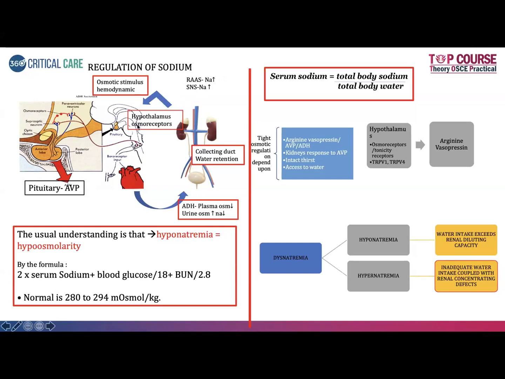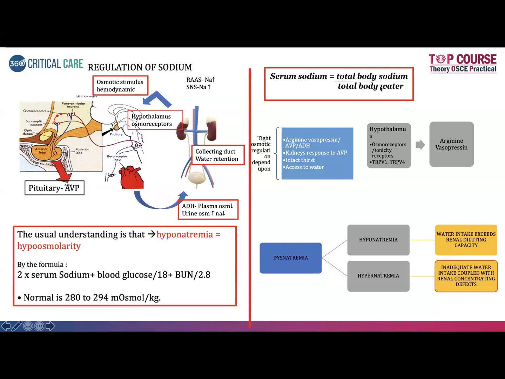So the three things that are involved are the arginine vasopressin or the antidiuretic hormone, the renin-angiotensin-aldosterone system, and the sympathetic nervous system. Whenever we are talking about the serum sodium level, it depends not only on the absolute content of the sodium in the body, it also depends on the relative status of the total body water.